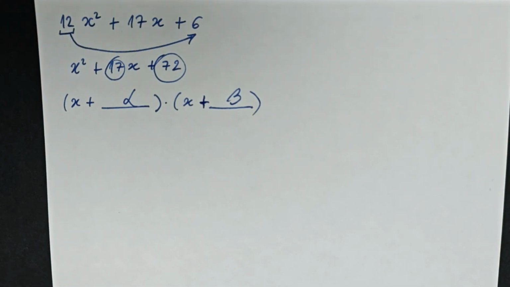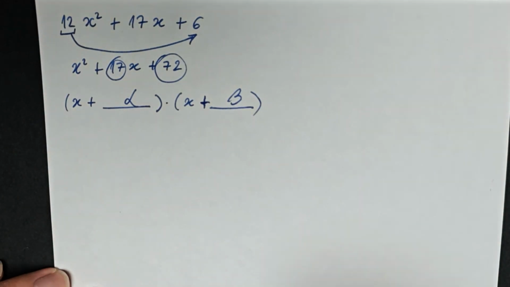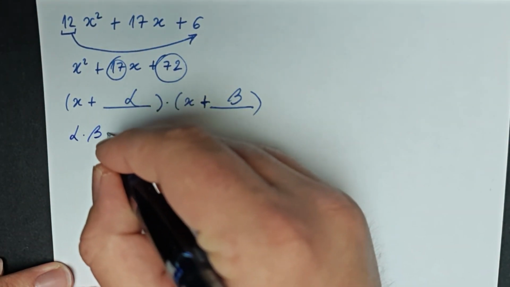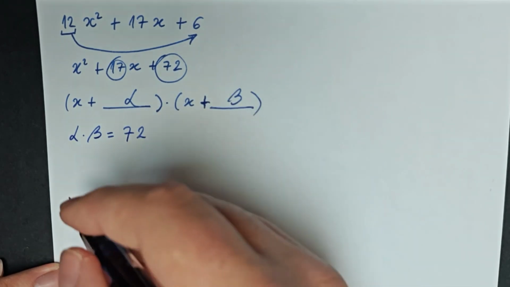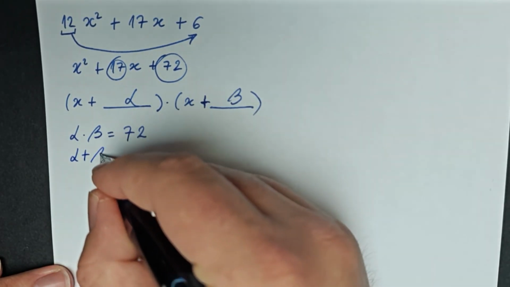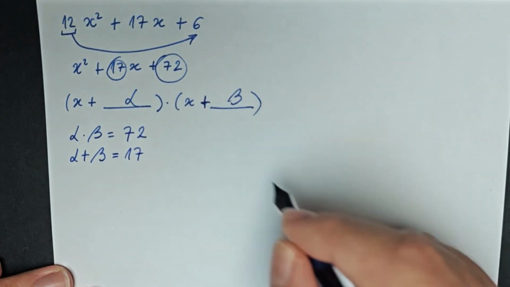So we have x plus alpha multiplied by x plus beta, and these numbers alpha and beta have the two properties which we have talked about. The product of alpha and beta must be 72, and the sum of alpha and beta has to be 17.